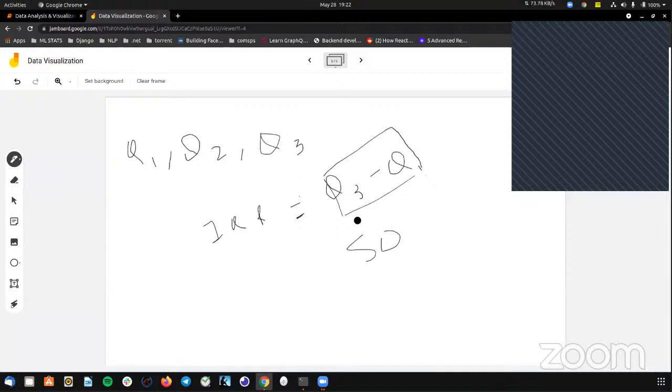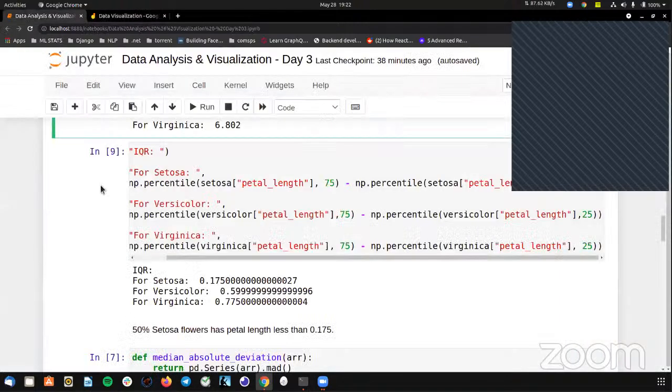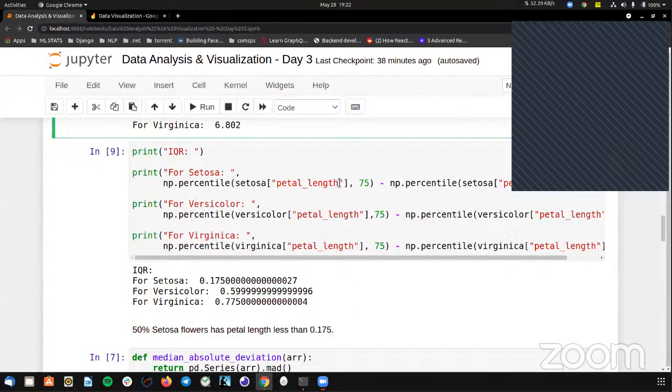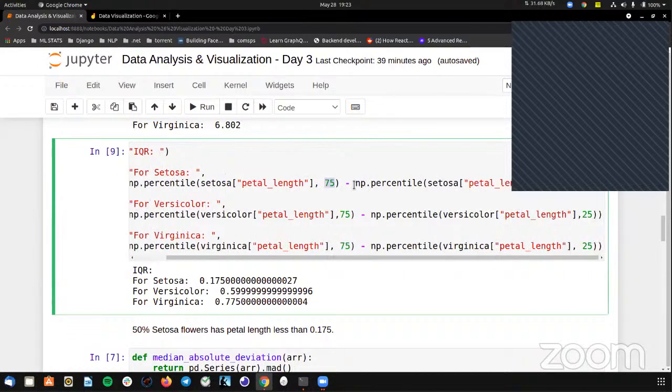Yes, exactly, this is the interquartile range: the difference between the third quartile, the 75th percentile, and the first quartile, the 25th percentile. Yes, 50% of the data lies in it. I'm calculating it using np.percentile on the Setosa lengths, taking the 75th percentile and subtracting the 25th percentile.